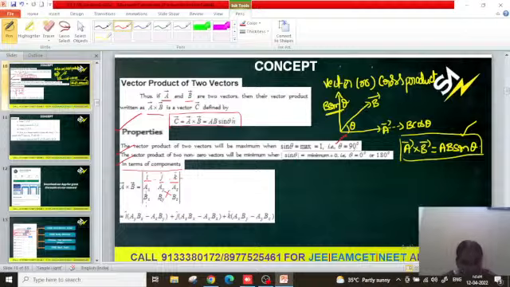And the sign will be, actually here we need to give the alternate sign while taking the determinant. I component with plus sign, j component with minus sign, k component with plus sign, and so on.